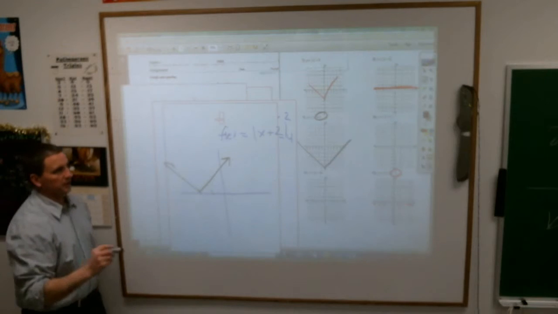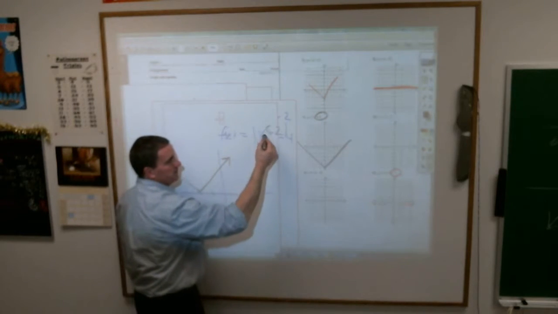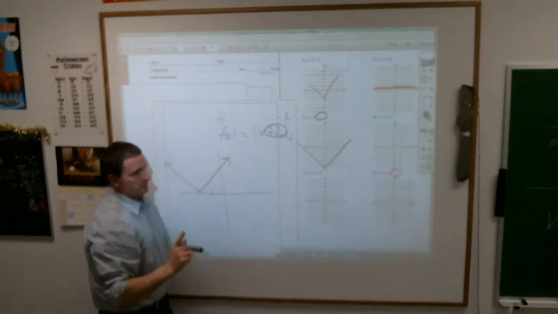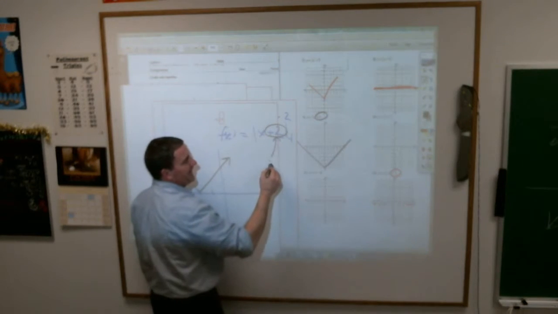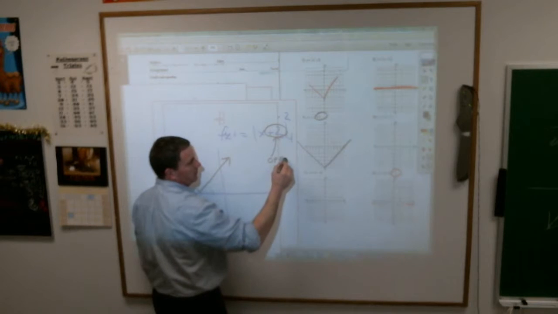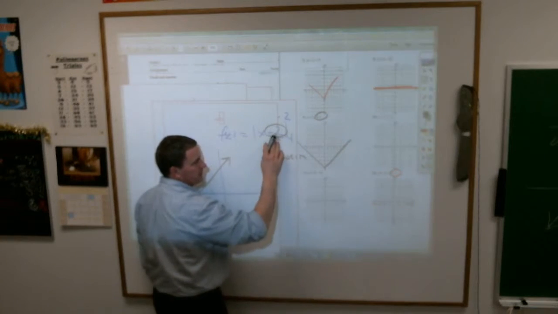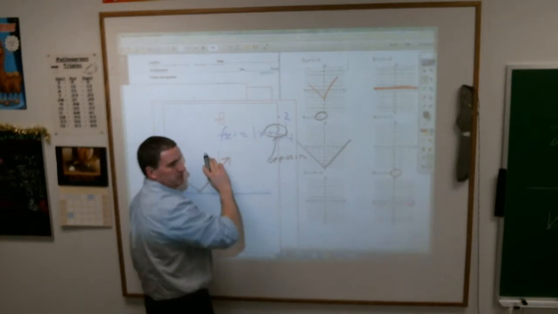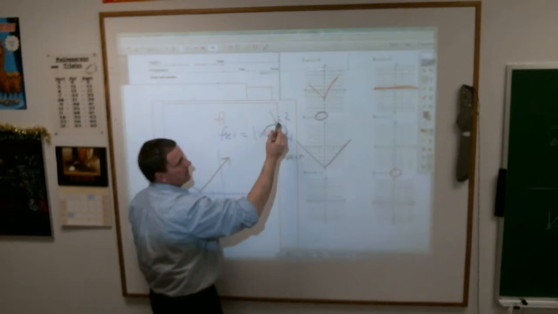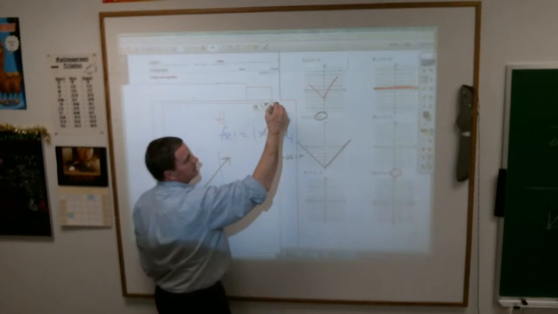Here's the confusing part. What is this number next to the x here? A positive 2. When it's inside of that, you have to think of the opposite. In other words, if it's a plus 2, it actually shifts it to the minus 2 section. This number here is how far right or left.